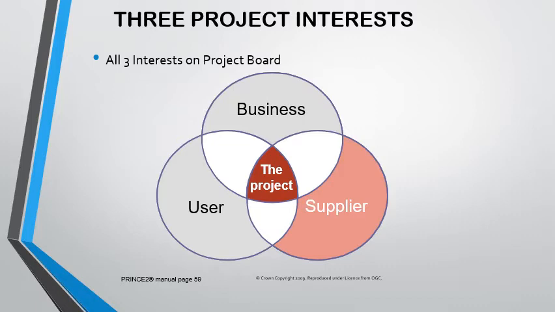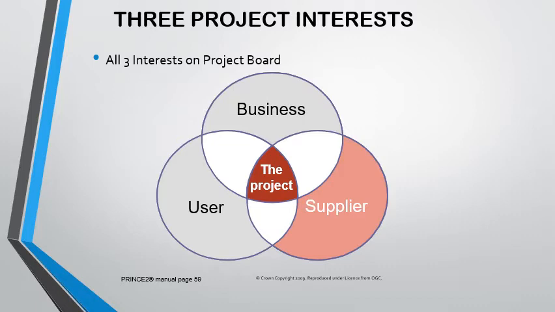The business interest, their focus is to make sure that there's funding for the project, the funds are spent correctly, and also that we're getting a value for our money, and as well as the delivery of benefits. The business focuses on funding, spending, getting value for money, and also realizing benefits.